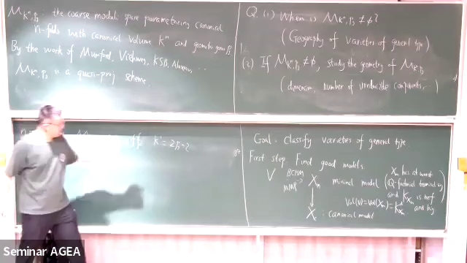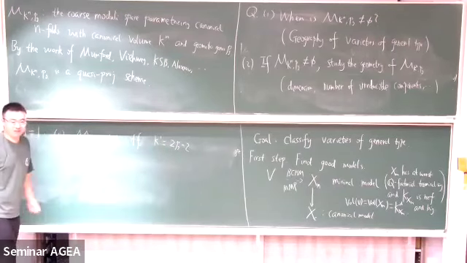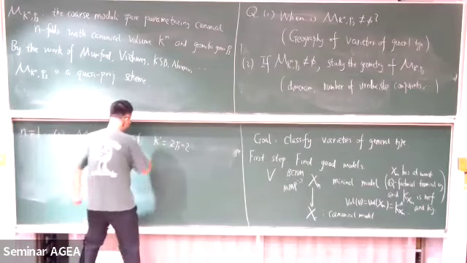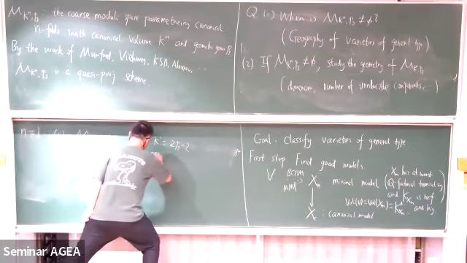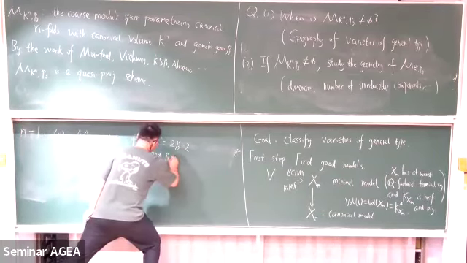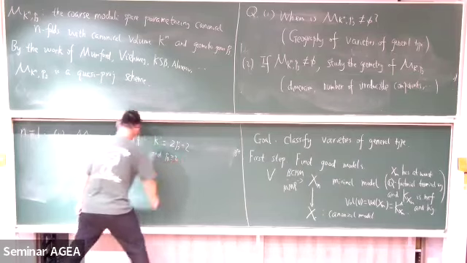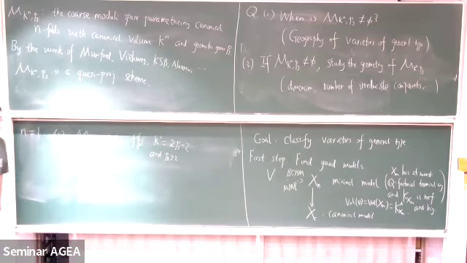This just follows from the Riemann-Roch formula. This K^1 is just the degree of the canonical divisor, and p_g is larger than or equal to 2, because we are studying varieties of general type.